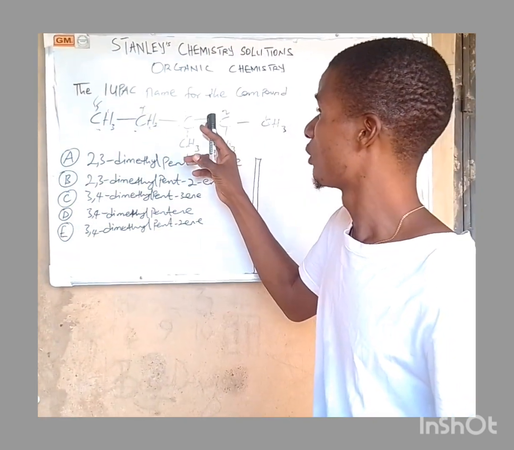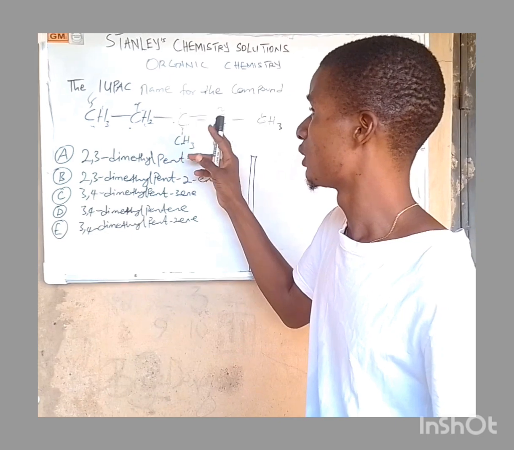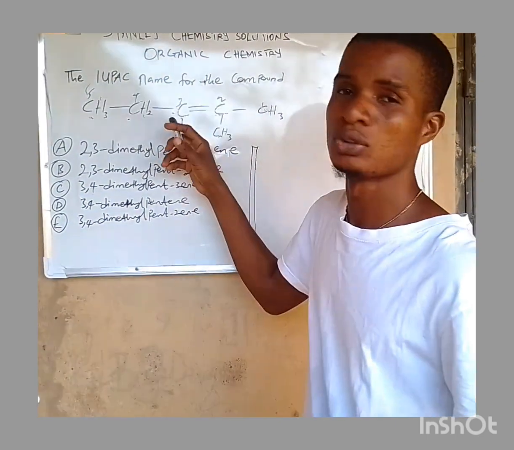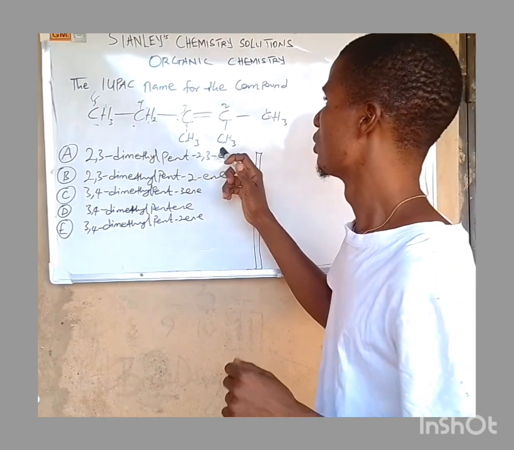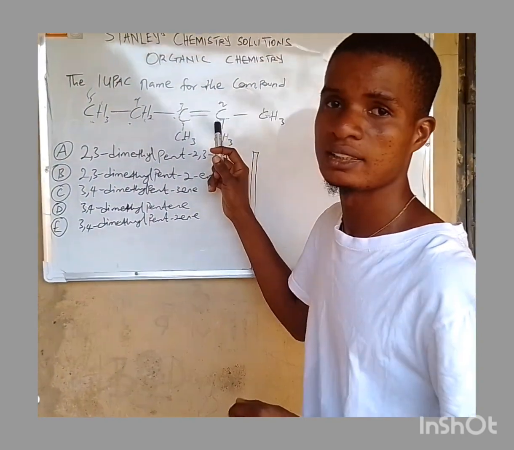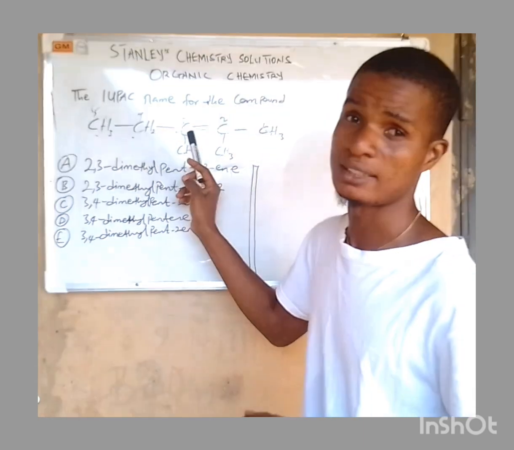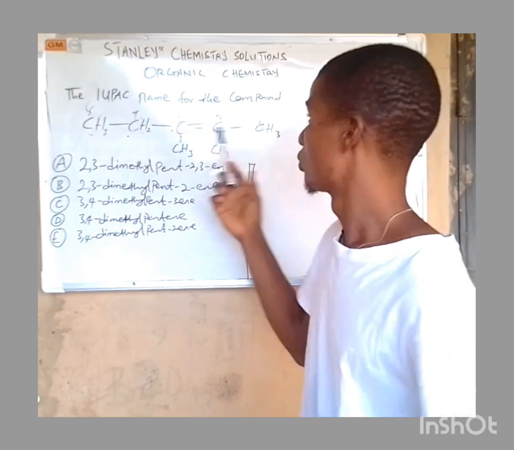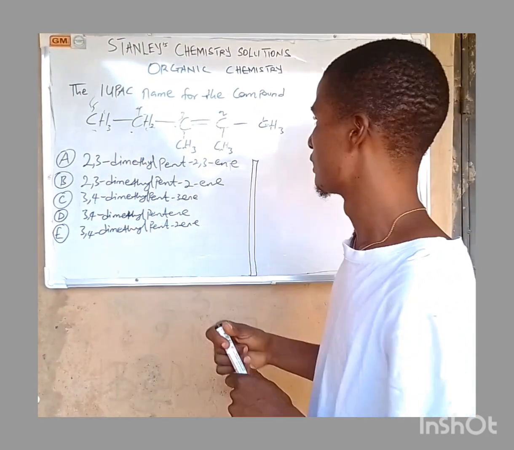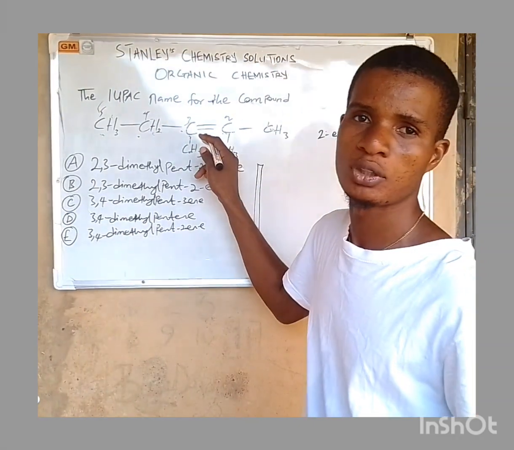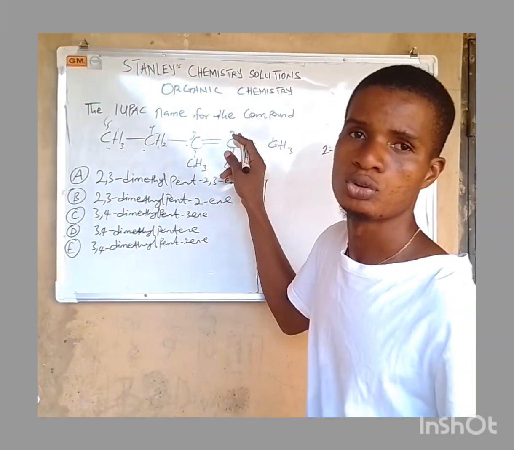Even though this double bond is between the second and third, carbon 2 carries it, but it's sharing it with carbon 3. Is that okay? Good. Then if you start from the left, 1, 2, 3, carbon 3 carries it, sharing it with carbon 4. So we start here, so that carbon 2 will carry it. So that will be 2-ene, the alkene functional group. Then the position 2, so 2-ene.